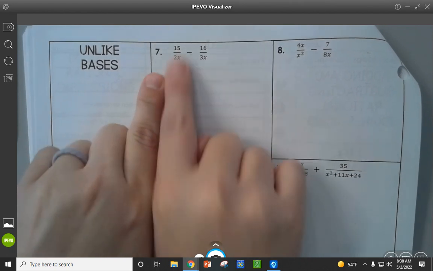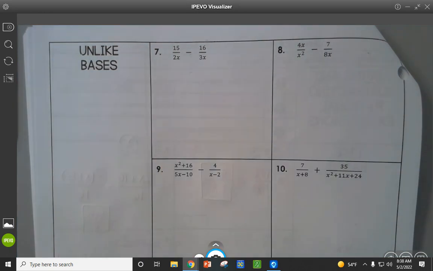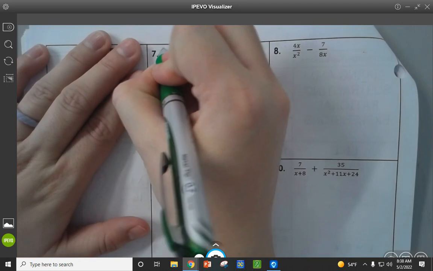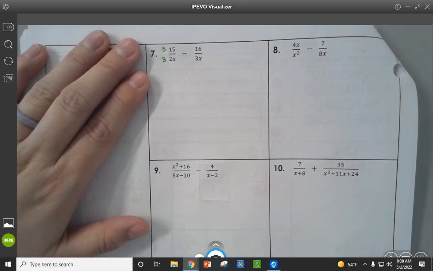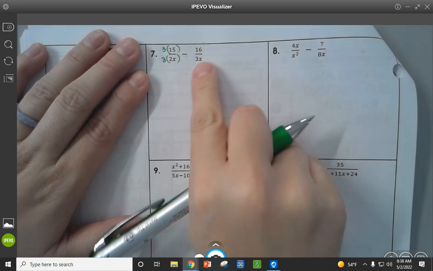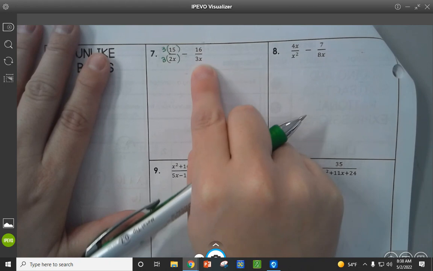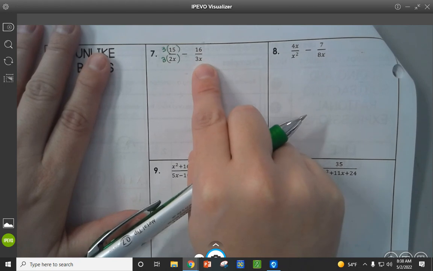right? So what could I multiply the first fraction by to make that 6x? 3. So you have to multiply the top and the bottom by 3. What do I need to multiply this fraction by to get 6x? 2.